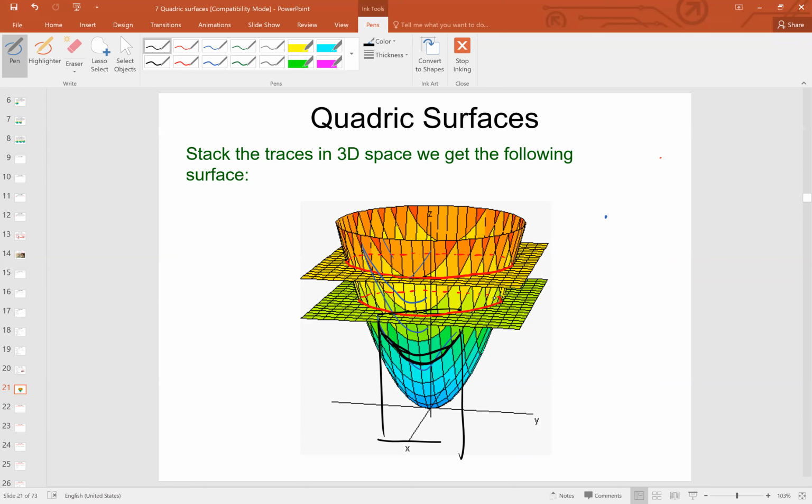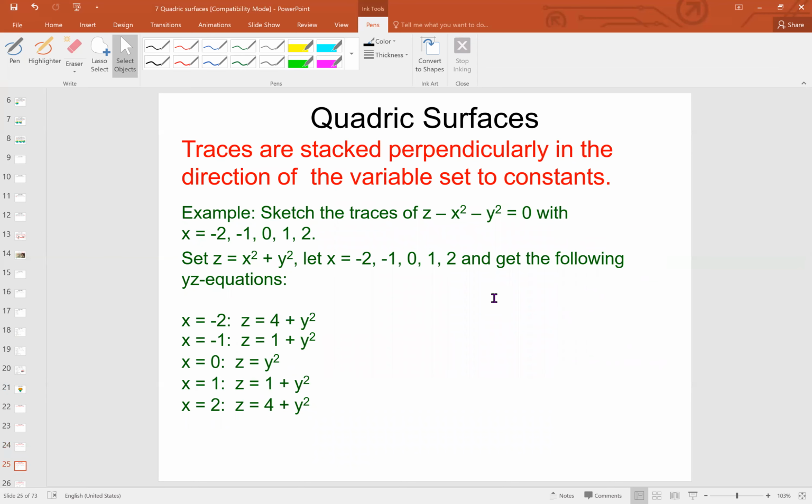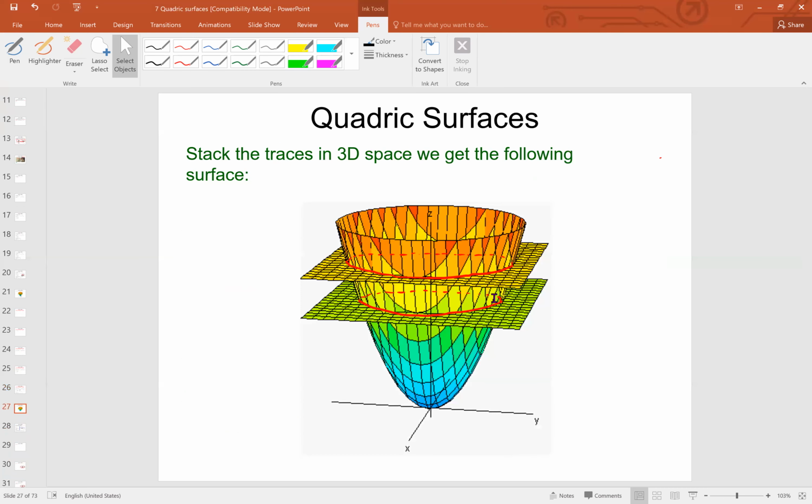So if I investigate the trace with x equal to some number, I get a series of parabolas along the YZ plane, the layers of parabolas, the traces from setting x equal to a constant.